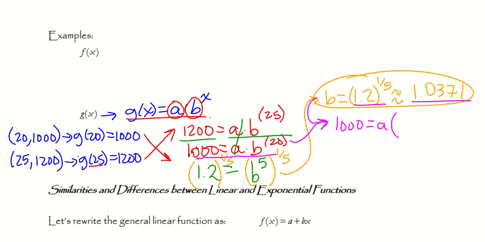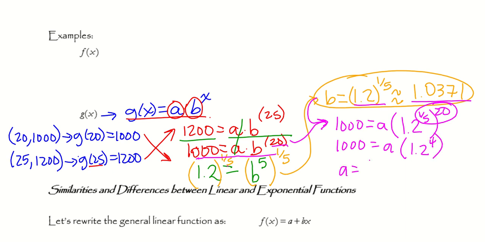If you're using your calculator, you can use that from your calculator without rounding. So I'm going to take the 1.2 to the 1/5, and then raise that to the 20th. So that gives me 1000 equals a times 1.2, power to power, I multiply 1/5 by 20, and that gives me to the 4th.